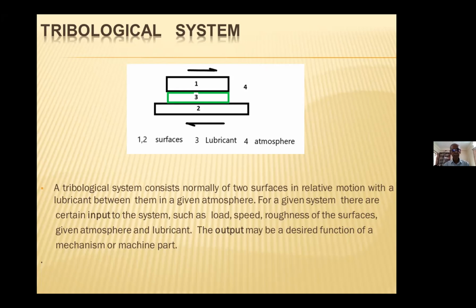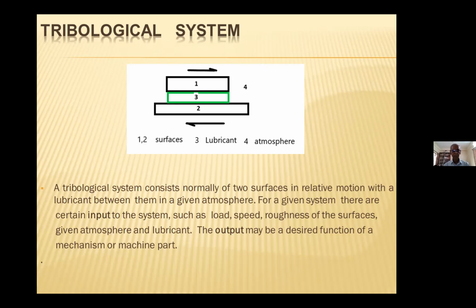If you do this in other atmosphere, the friction and wear will be of different types. Oxidation of the surfaces is a major issue in many cases. And in bridges and structures near the seaside, they often have electrochemical corrosion.